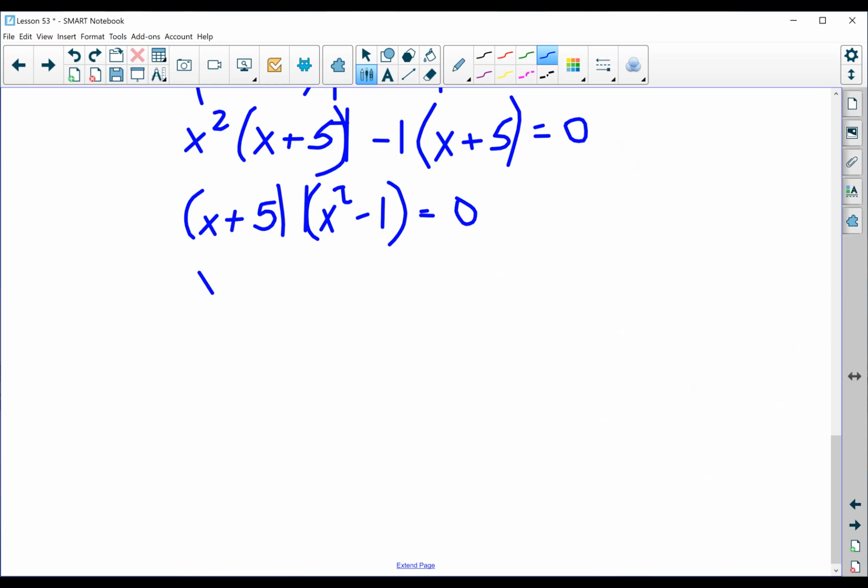It's a difference of squares. It's going to factor into x plus 1 and x minus 1.